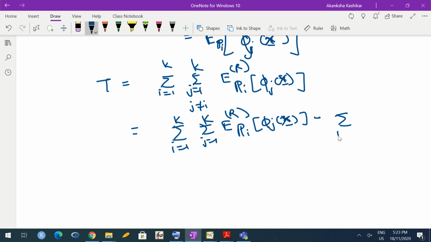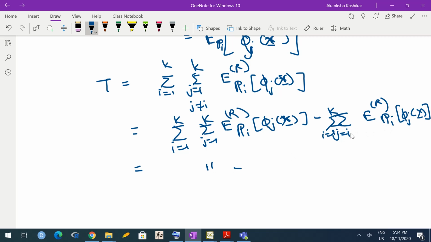So minus the sum over i going from 1 to k, j equal to i, same thing, E_Pi phi j(X), R. Now this term will remain as it is.